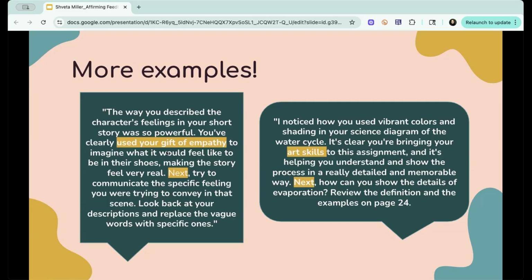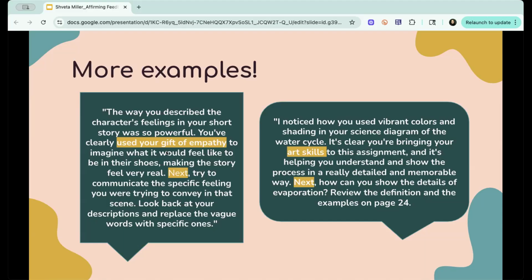You've clearly used your gift of empathy to imagine what it would feel like to be in their shoes, making the story feel very real. Next, try to communicate the specific feeling you were trying to convey in that scene. Look back at your descriptions and replace the vague words with specific ones. So there was a gap here in terms of the emotion feeling a little vague.